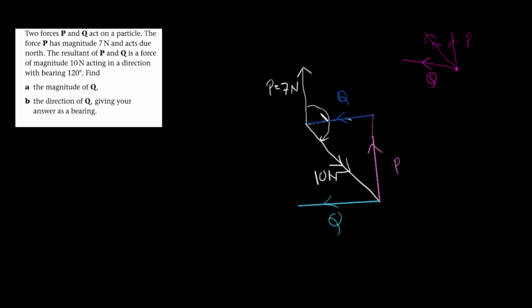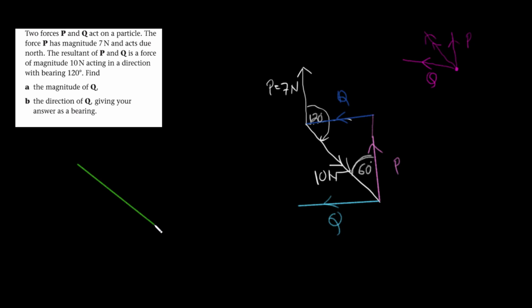Now what do we know? If this is 120 degrees, because it's a bearing of 120 degrees, then this angle, since both of them are parallel, by supplementary angles, is going to be 60 degrees. So if we redraw this triangle, it will look like this. This is the resultant.